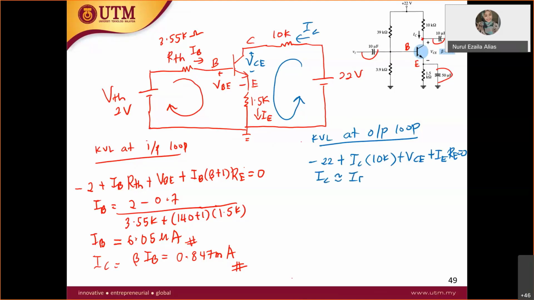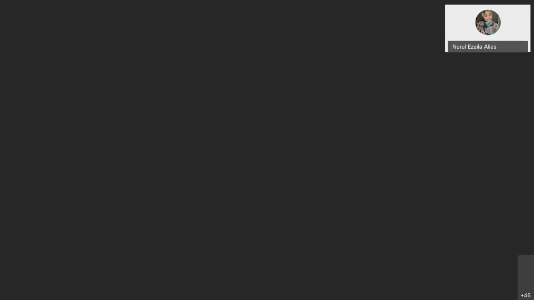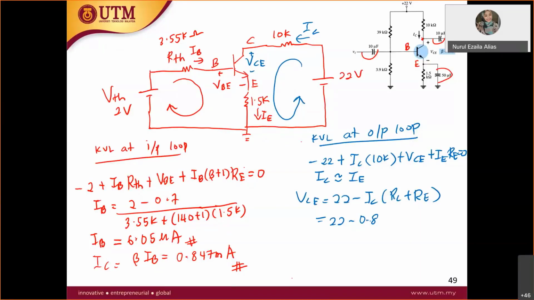Therefore VCE is equal to 22 minus IC times (10K plus 1.5K). So this is RC plus RE. So 22 minus 0.847 milli times (10K plus 1.5K). Can someone calculate for me?